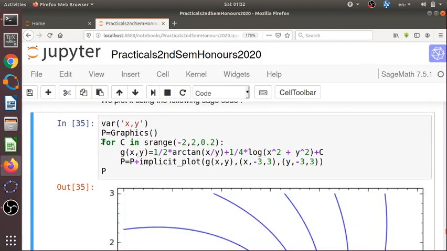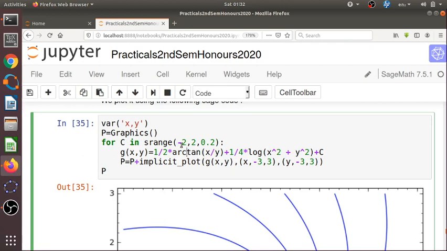And now we are plotting the family of curves. So we have to use a for loop again. For c in srange, say c varies from -2 to 2. You may change it also, no problem. You may change those values and see how the curve looks.